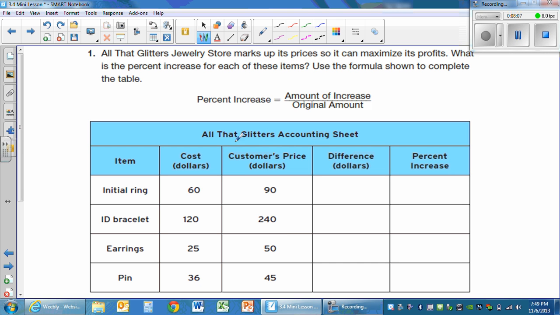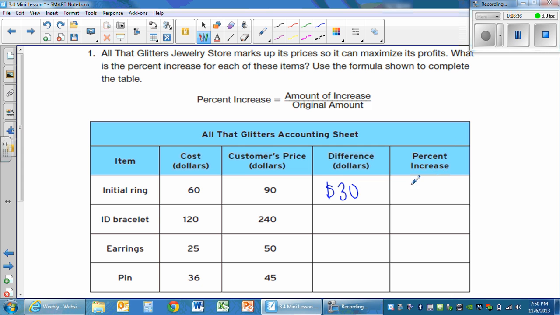Here is the item that we're purchasing, the ring, the original cost that the jewelry store had to pay for it, and then the price that they mark it up to so that they can make a profit. We need to find the difference. Difference means subtract, so we're going to take 90 minus 60 to get $30. In order to find the percent increase, we need to look back up at our formula.